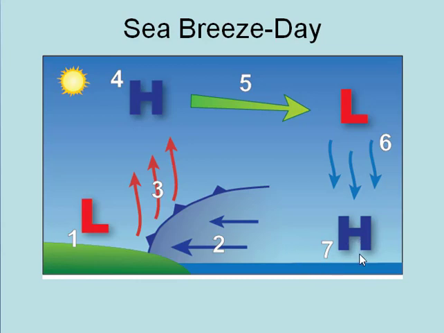So remembering what we've learned about the heating differences between land and water, we know that the land heats up faster than the water heats up. So that means the air that's over the land is warmer than the air that's over the water. And so what happens is that you have an area of relatively low pressure over the land, and you have an area of relatively high pressure over the water.